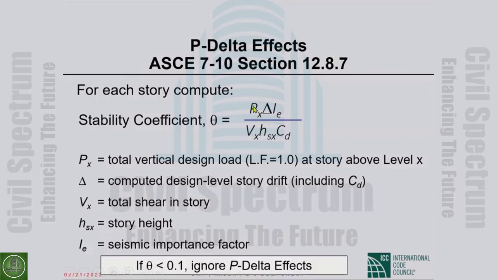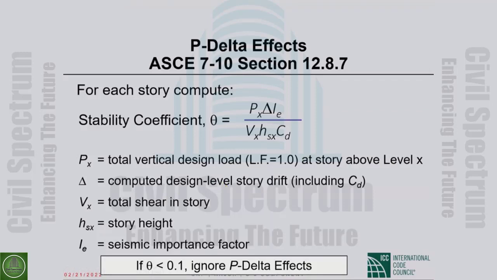P sub x is the unfactored gravity load at the level where we are doing this calculation, total vertical design load with a load factor of 1 at story above level x. Delta is the computed design level story drift, including C sub d.